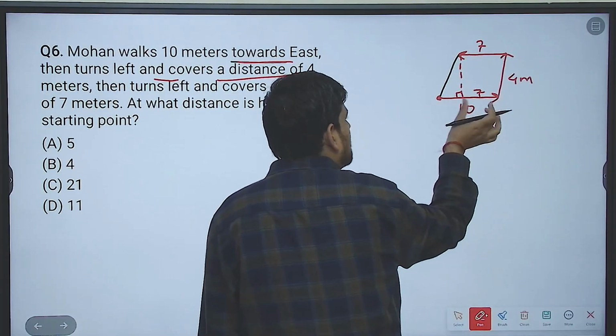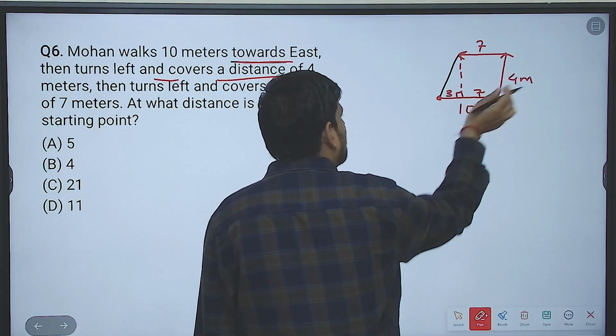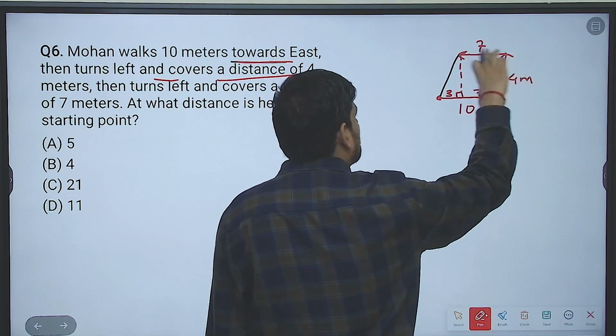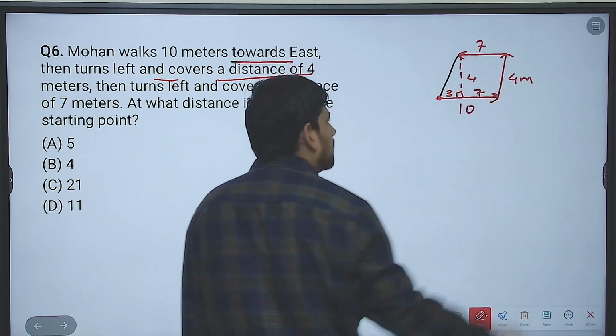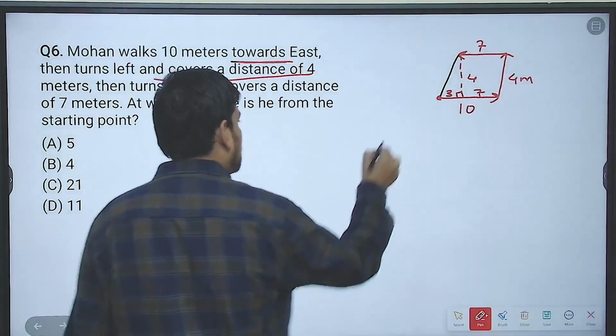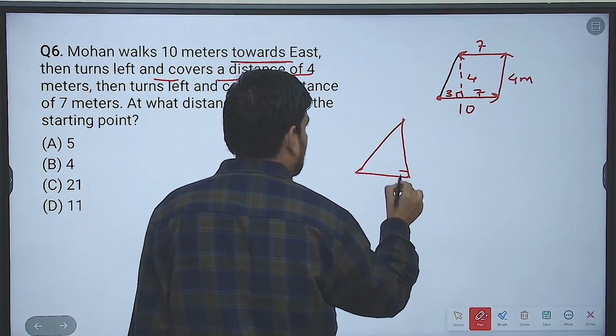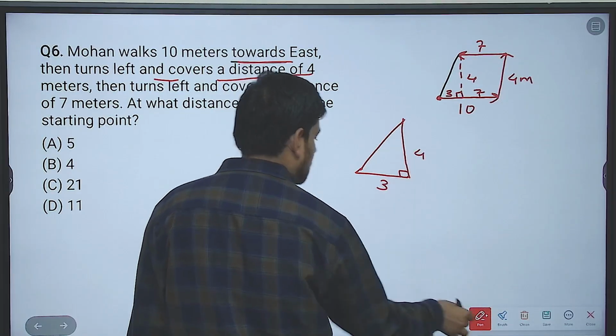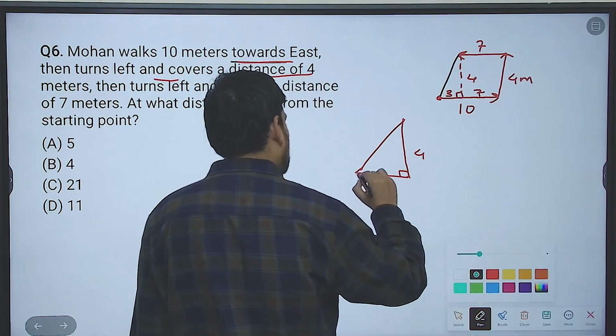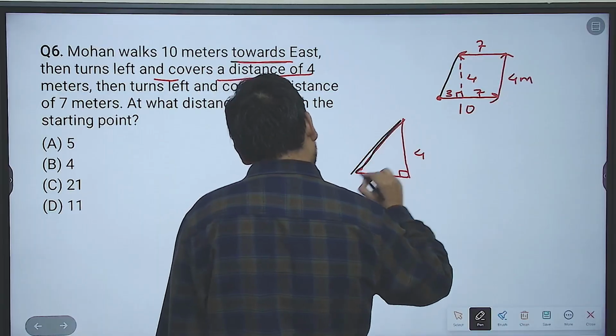Now of 10, 7 is gone, so this is 3, and this length is 4. Now you get a right angle triangle like this, which has 3 this, 4 this, and the length you need to find.